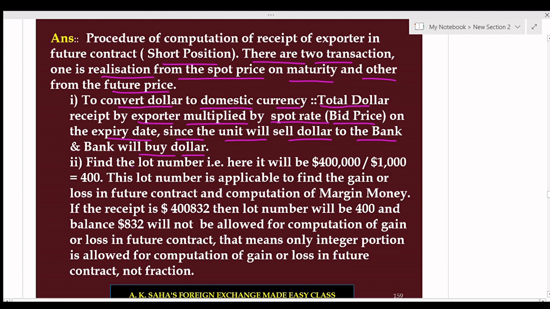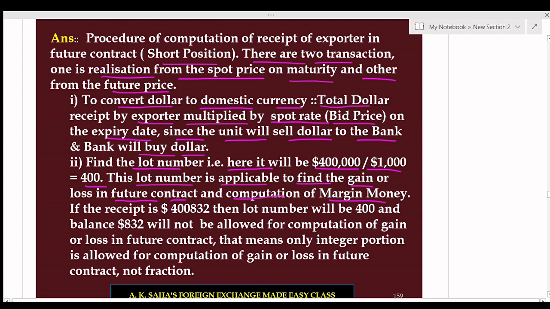Next, find the lot number, that is here 4 lakh dollar divided by $1,000 is equal to 400. This lot number is applicable to find the gain or loss in future contract and computation of margin money.